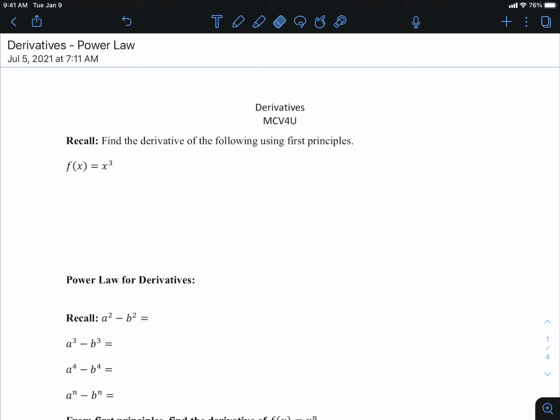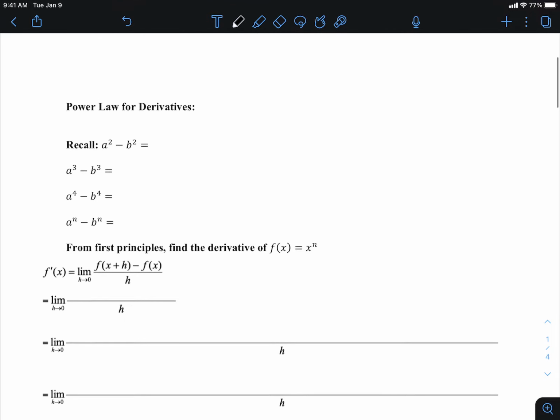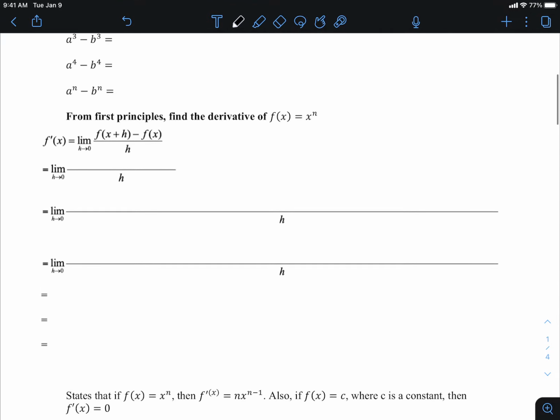Okay, the important part is though that you guys realize that these shortcuts would not be possible without the use of first principles. Every one of these laws that I show you this week could be proven using first principles, and if you guys are interested in looking those up, you can.